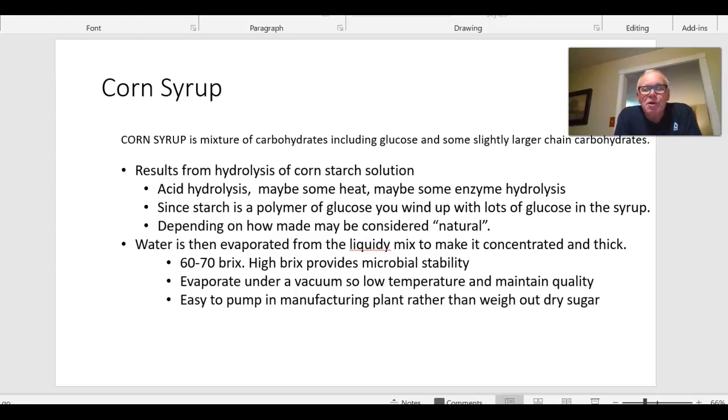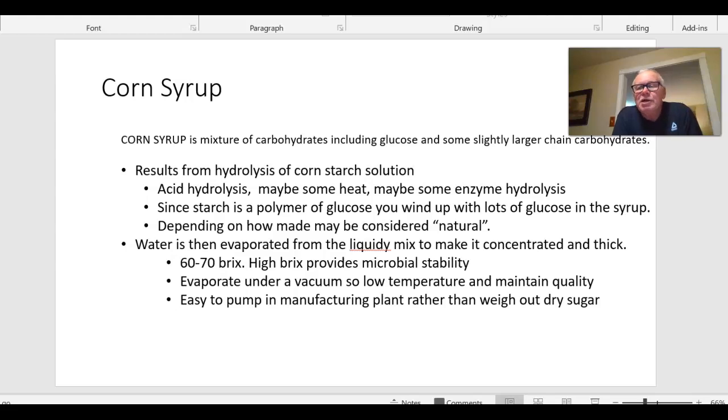So you take your cornstarch that you collected from the corn, and you hydrolyze it with acid, maybe some heat, and maybe use some enzymes. What you wind up with is a lot of glucose in a kind of a thin, liquidy material.